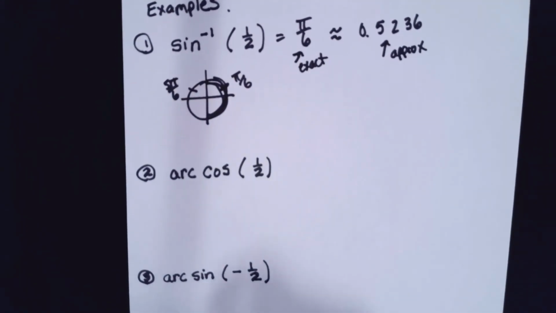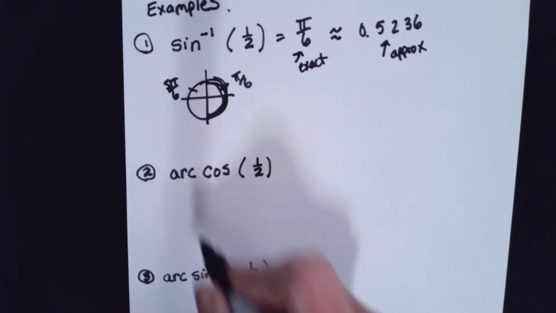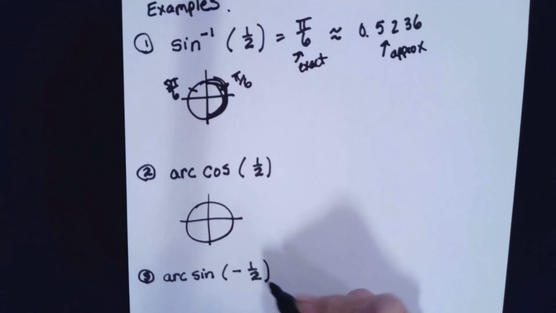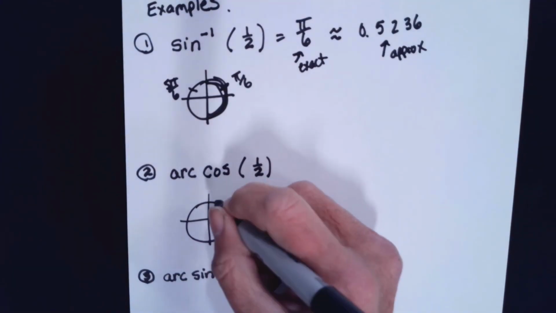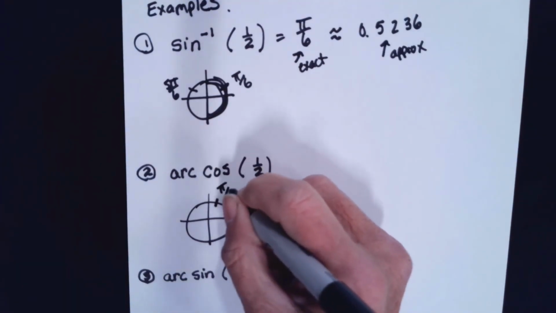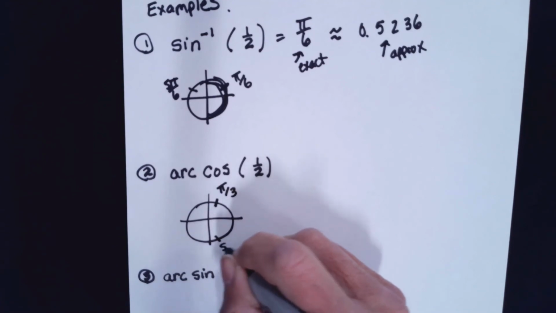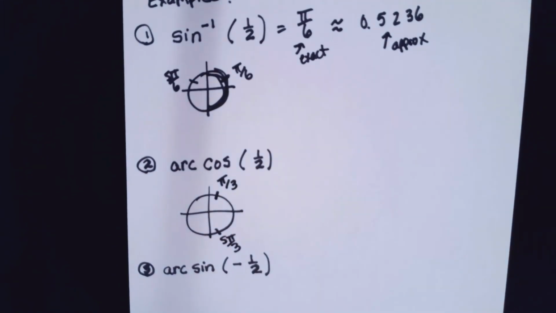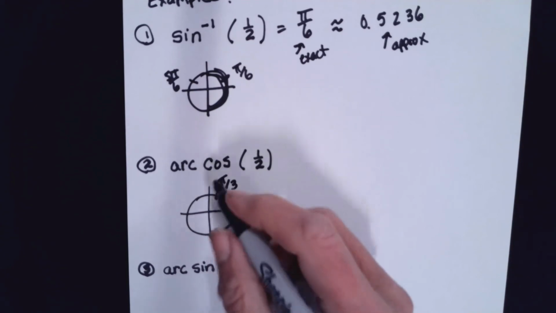And if we look at another one, arccosine of 1/2. So where on the unit circle is the cosine equal to 1/2? Well, once again, this is what you did last night. That would be pi over 3 or 5 pi over 3. But the arccosine is asking where on the interval from 0 to pi is the cosine equal to 1/2.